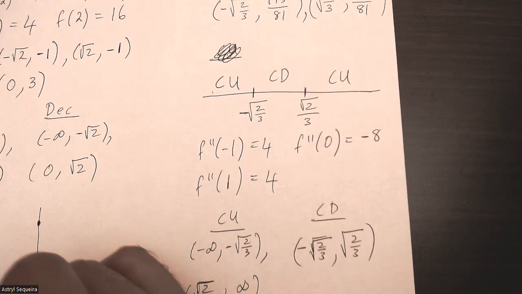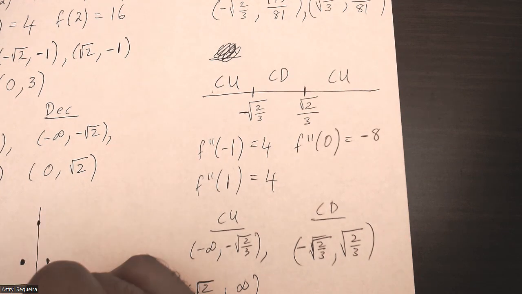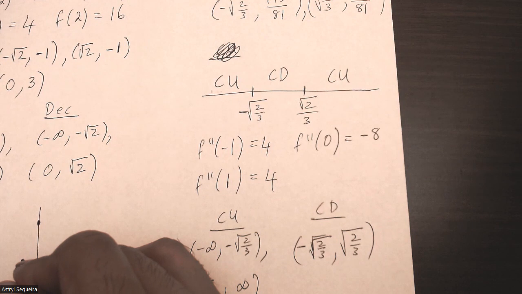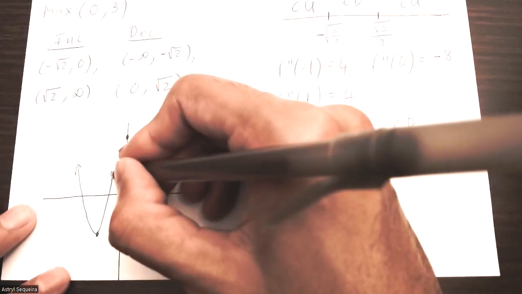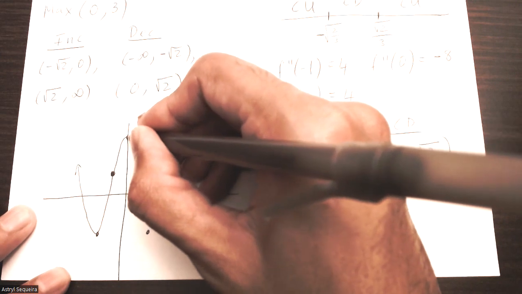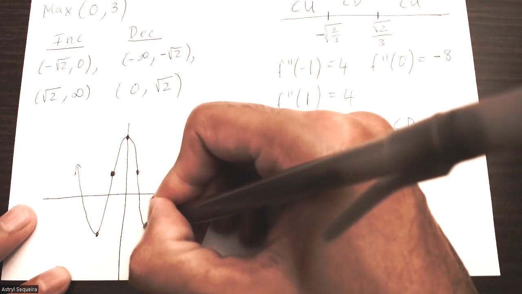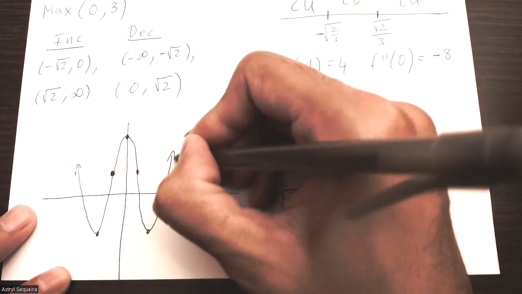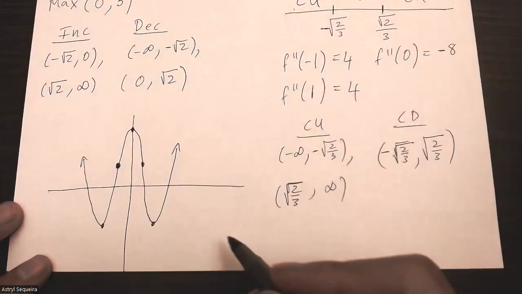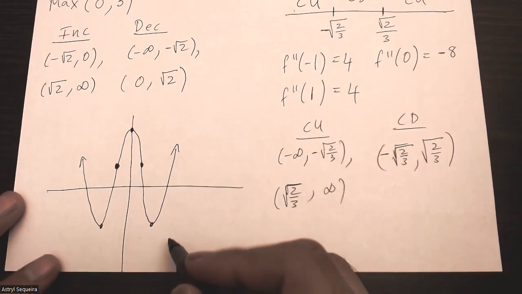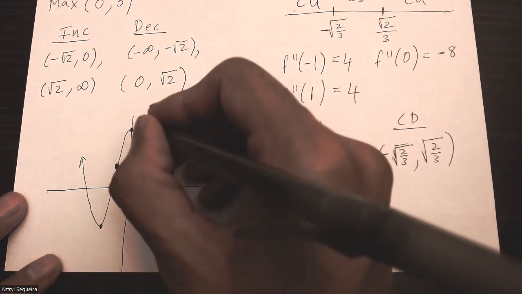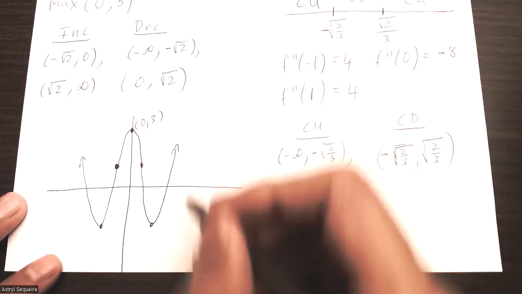So this is concave up. And then this is concave down. Oops, just realized I was in the camera. And then this is concave up. And then once I have all my drawing done, I'll label all my points. So max is 0 and 3.